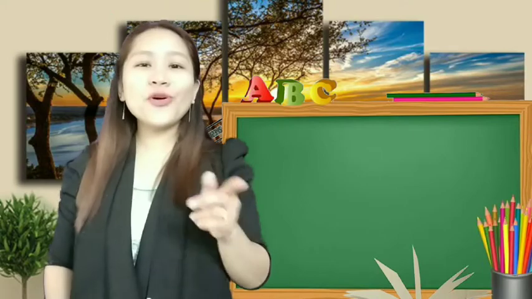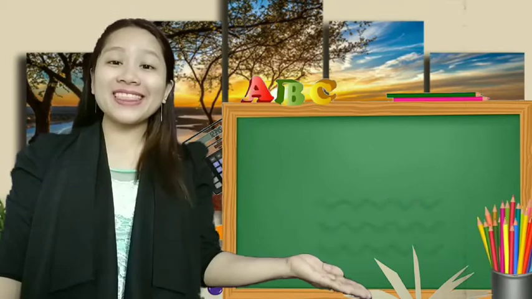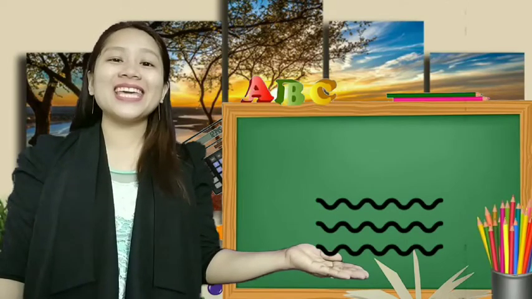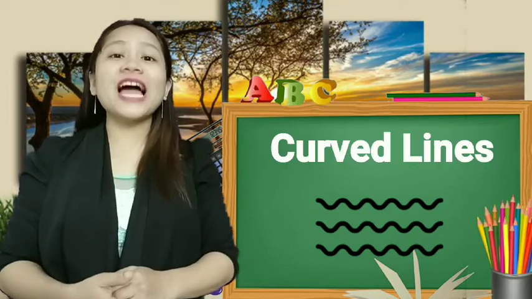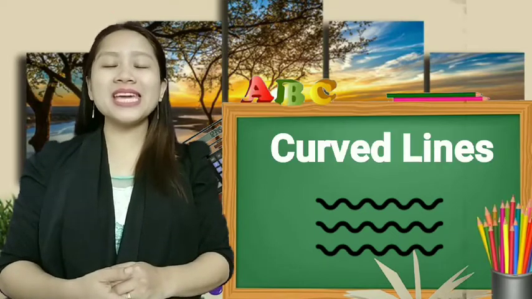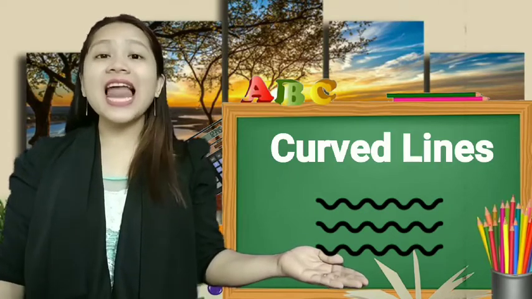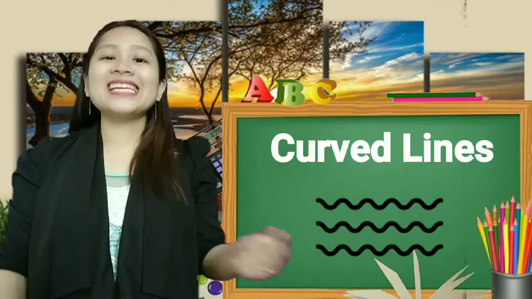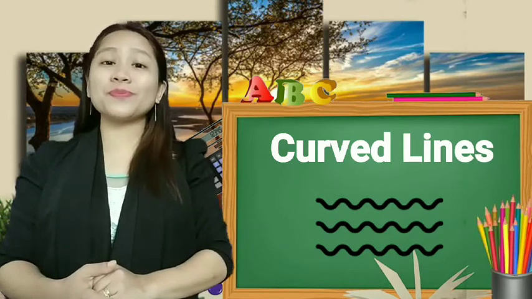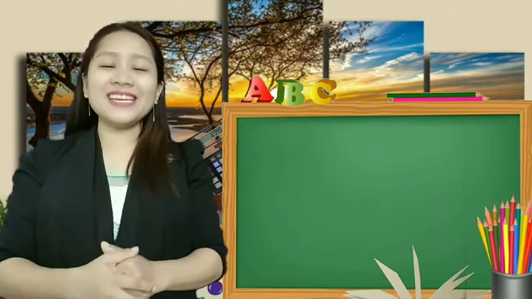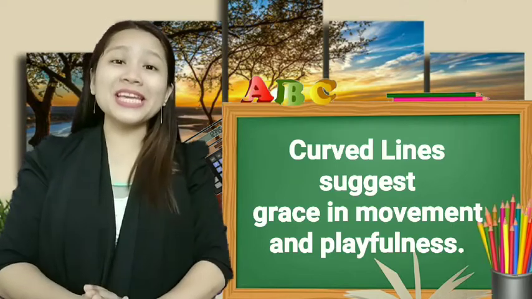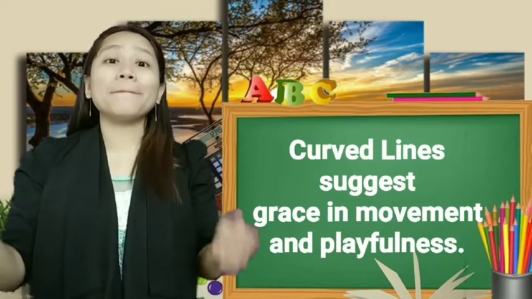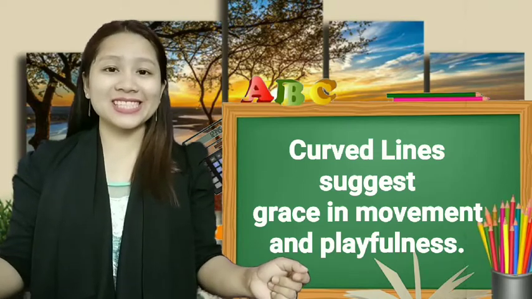Speaking of movement, the 4th kind of lines expresses movement too. It looks like this. It's curved lines. Can you say it with me? Curved lines. Since curved lines express movement, they suggest grace in movement and playfulness.